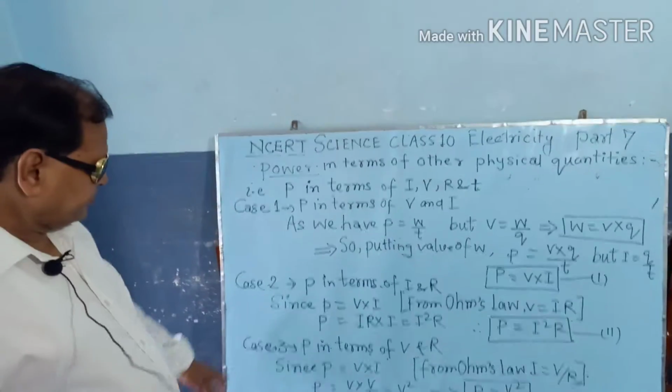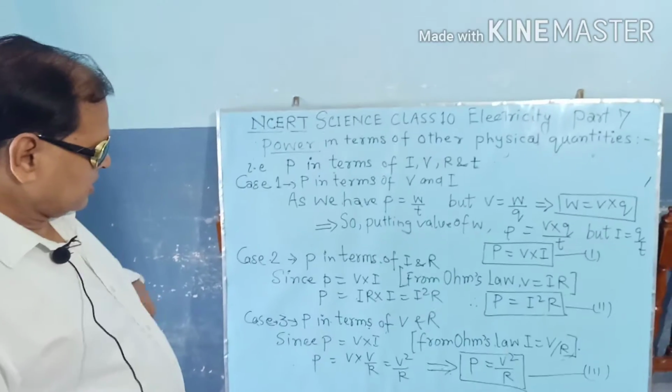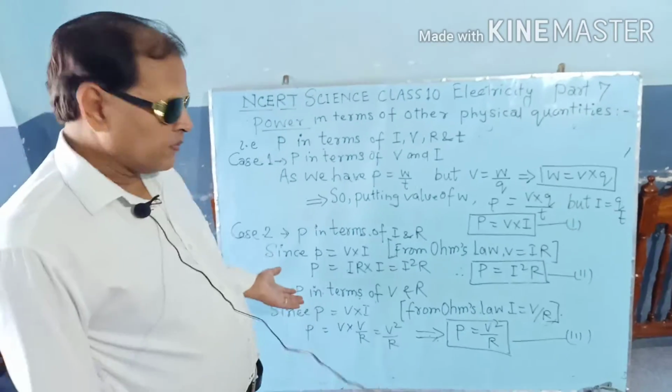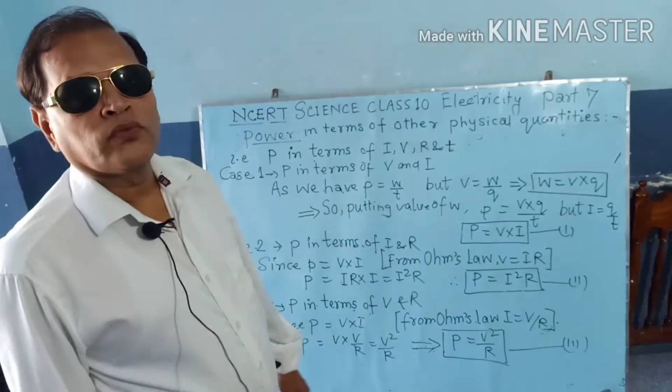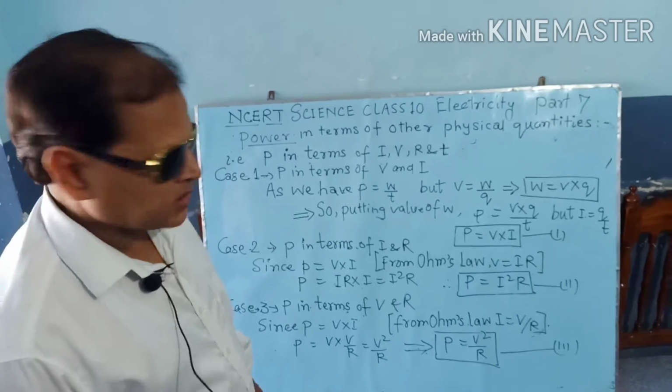Now come to the third relation. Here P will be written in terms of electric potential and resistance.